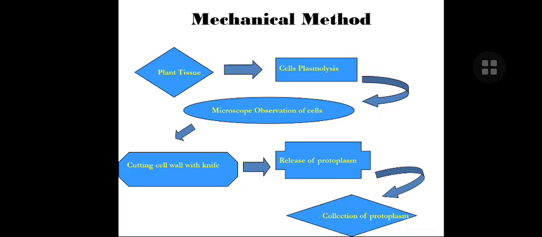For the mechanical method, plant tissue is taken, the cells undergo plasmolysis, and after microscopic observation, we mechanically remove the cell wall by cutting it with a knife and release the protoplasm.